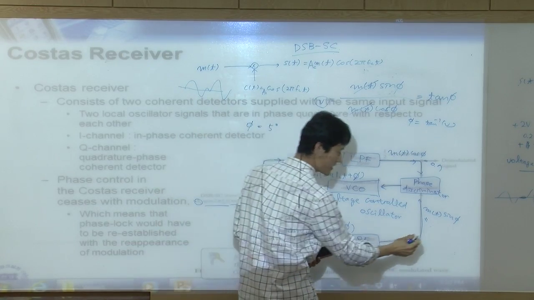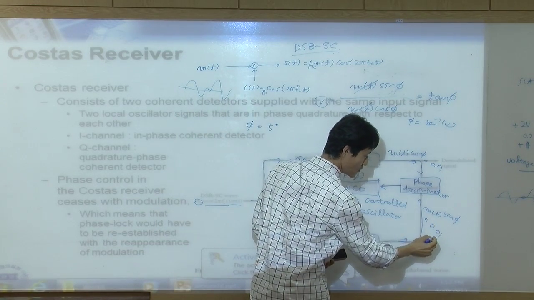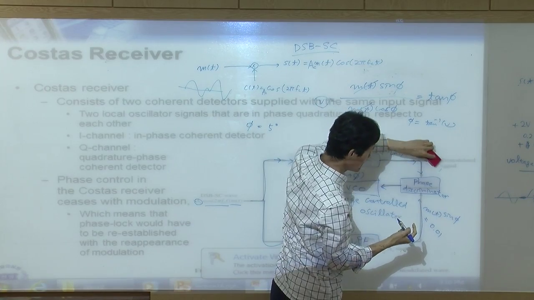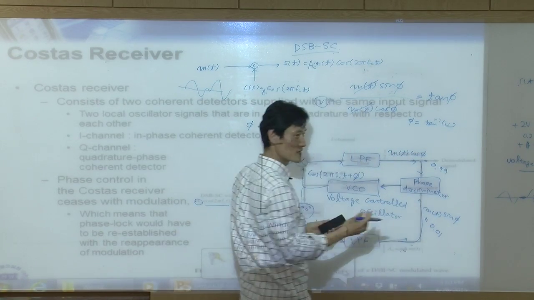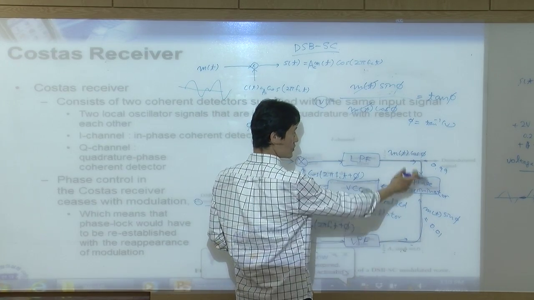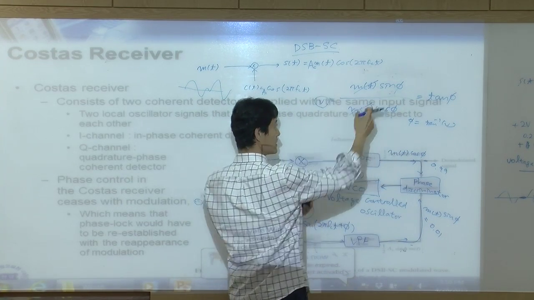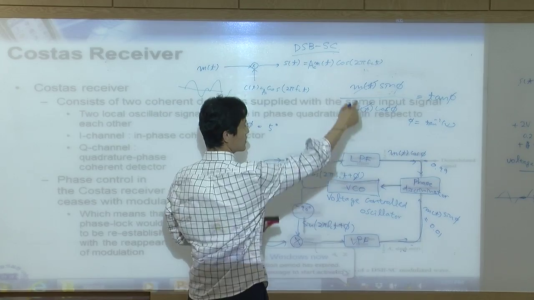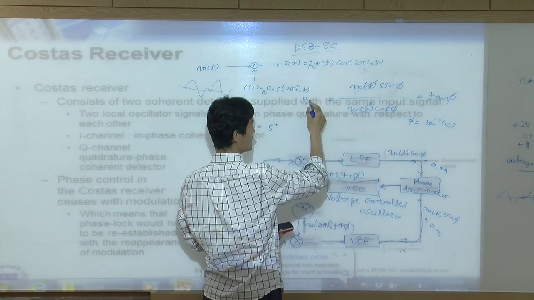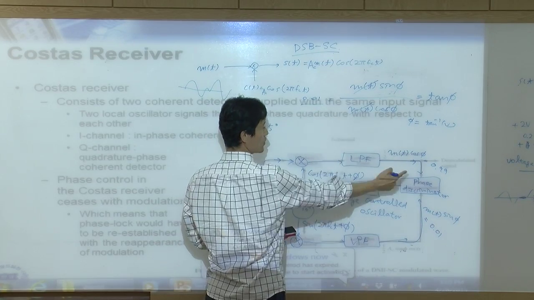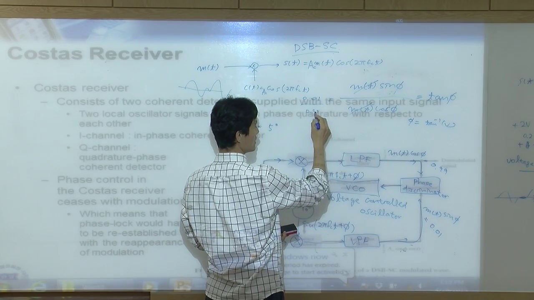Let's say this is like 0.01, and the cosine value is pretty big, like 0.99.